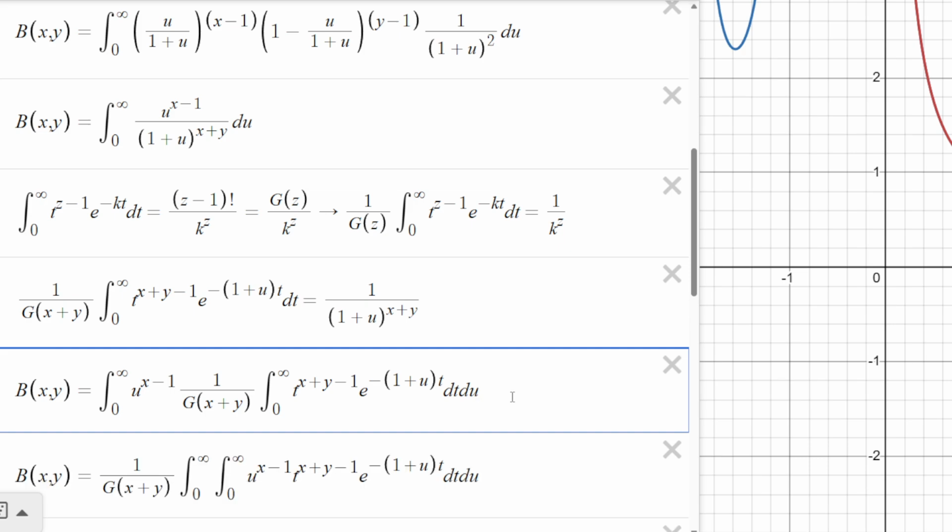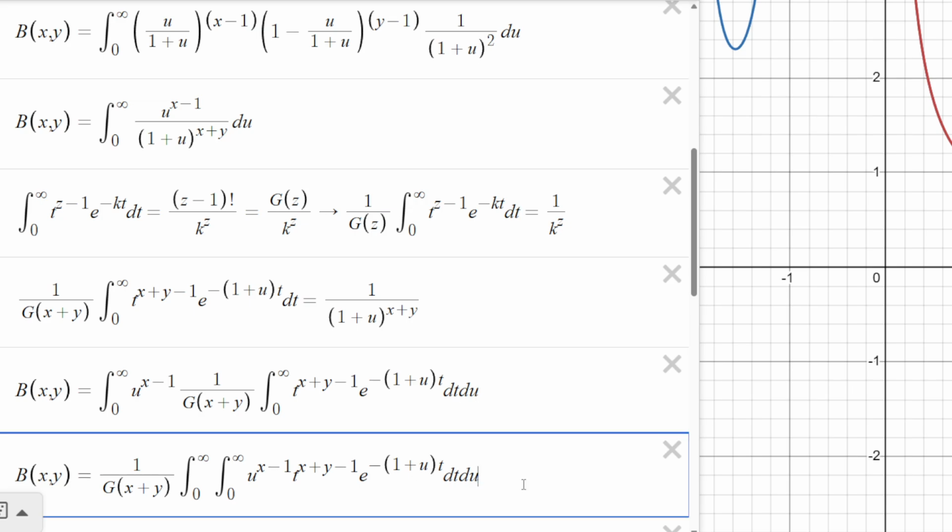Okay, so after we do this, this is what we get. I made it a double integral, and I brought all of the terms inside one single integral with respect to t. So this is our first integral that we need to evaluate right here.